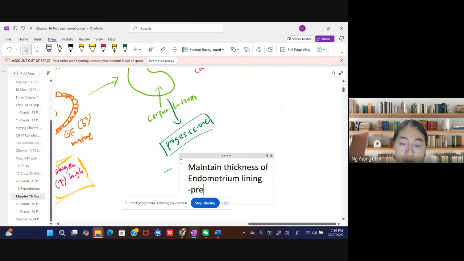If a woman wants to prepare for pregnancy, she needs implantation of the embryo. Before the embryo can implant in the uterus, the uterus lining must be very thick and vascular, so the zygote can implant on the surface. So progesterone maintains the thickness.